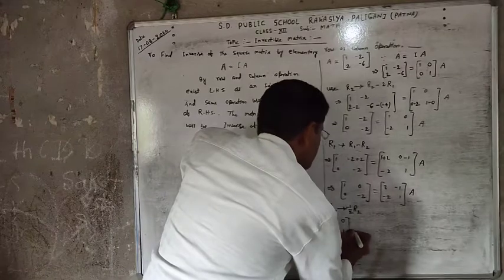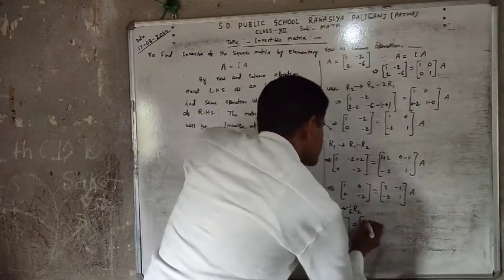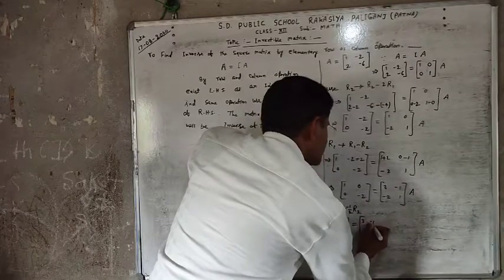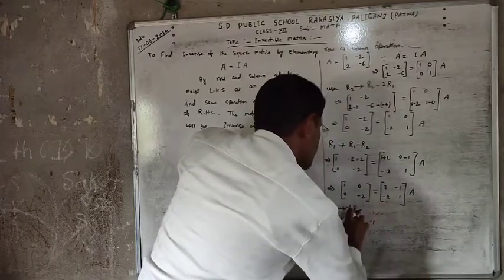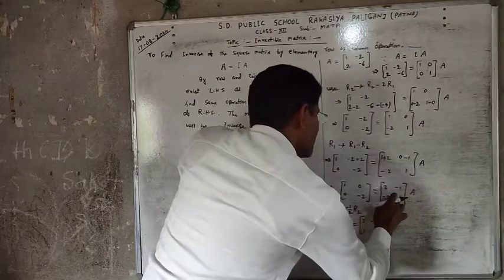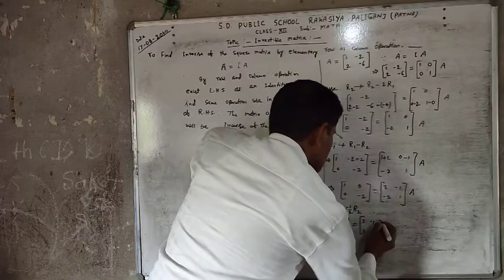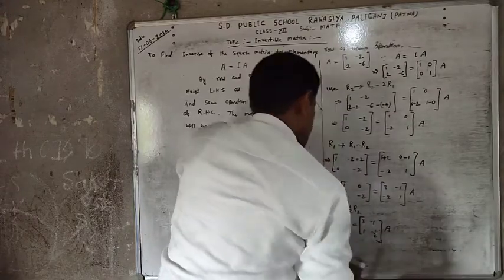The same process can be applied in the RHS: 3, minus 1. 2 into minus 1/2 is equal to minus 1, and 1 into minus 1/2 is equal to minus 1/2, into 8.